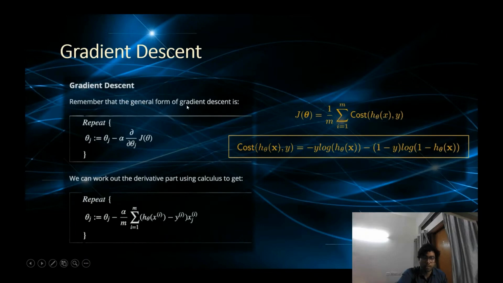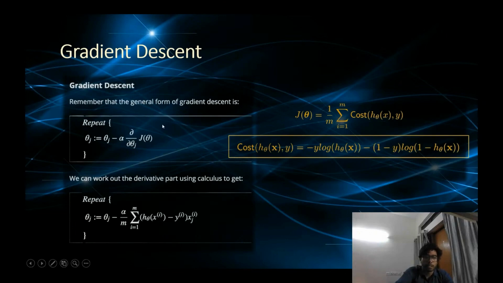So how do we minimize this cost function? Again, we use the gradient descent method. Basically, whenever you want to minimize some function, you take the derivative of that function and you equate the derivative to 0. That will give you a minimum of that function, right?